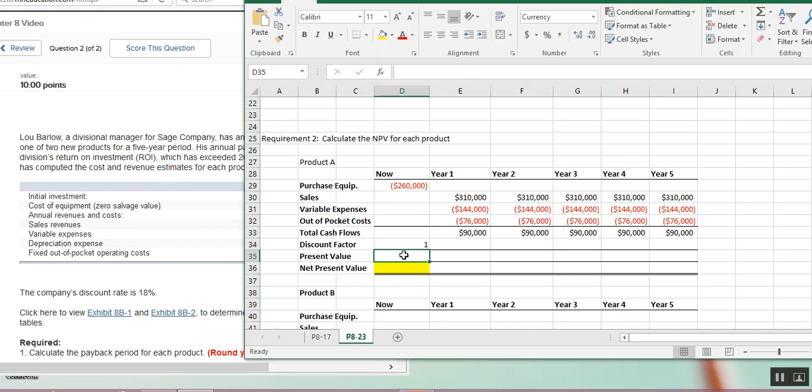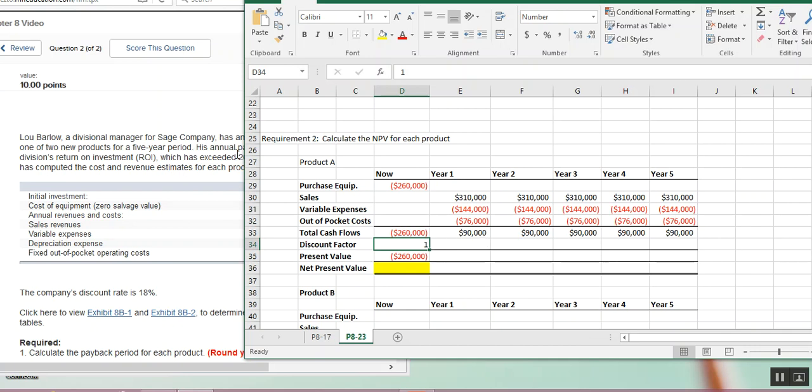So the present value of that is a cash outflow of $260,000. And I did that by multiplying the discount factor, and actually this should be down here. The total cash flow for the period of now is negative $260,000 times 1, which is negative $260,000.